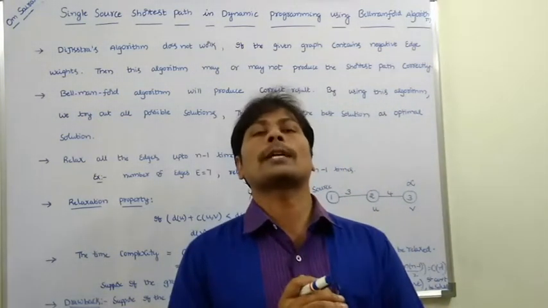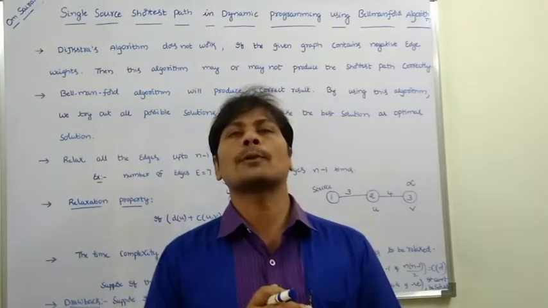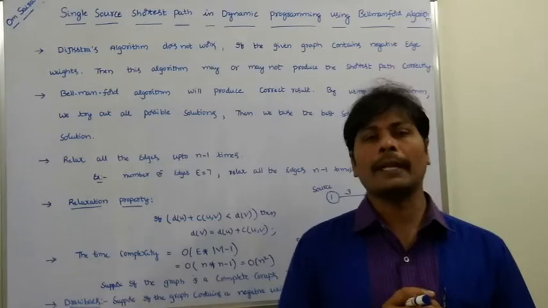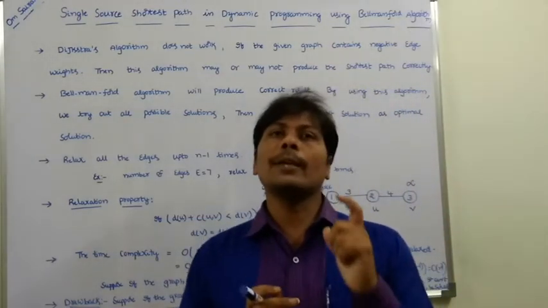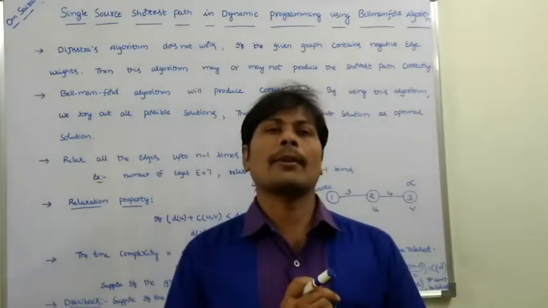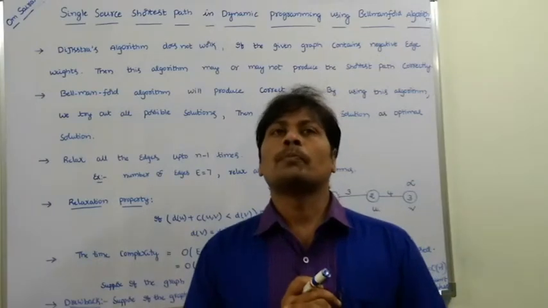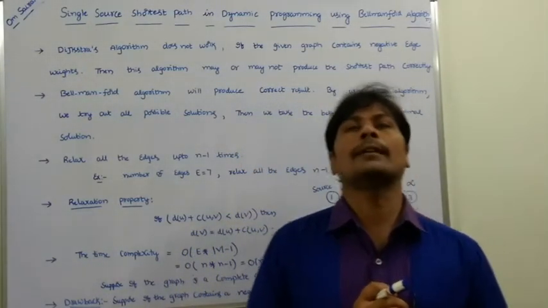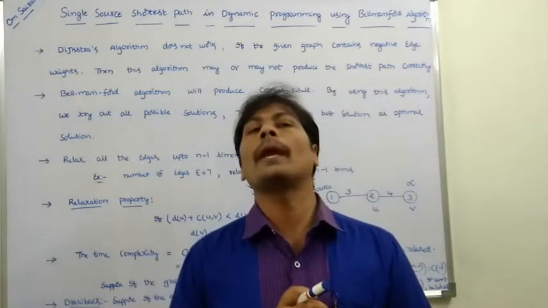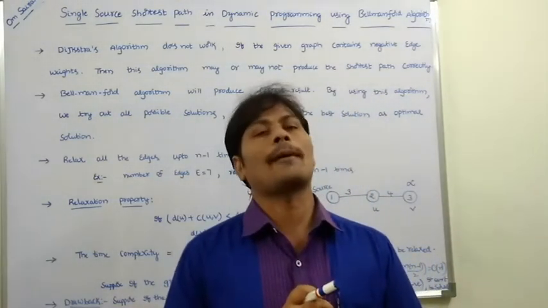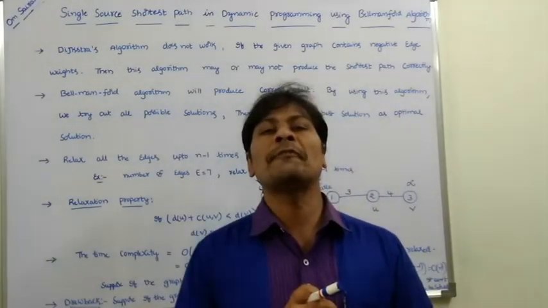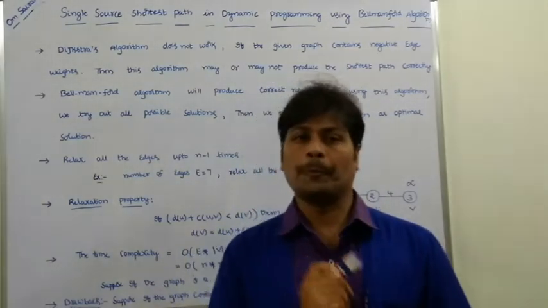We have to find the shortest path from the source vertex to all the remaining vertices of the given graph. By using Dijkstra's algorithm, we find the shortest distance from the source vertex to all remaining vertices if the given edge weights are positive.